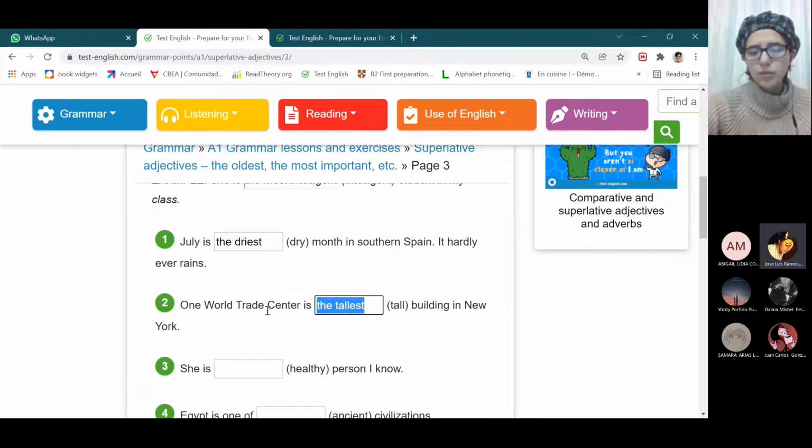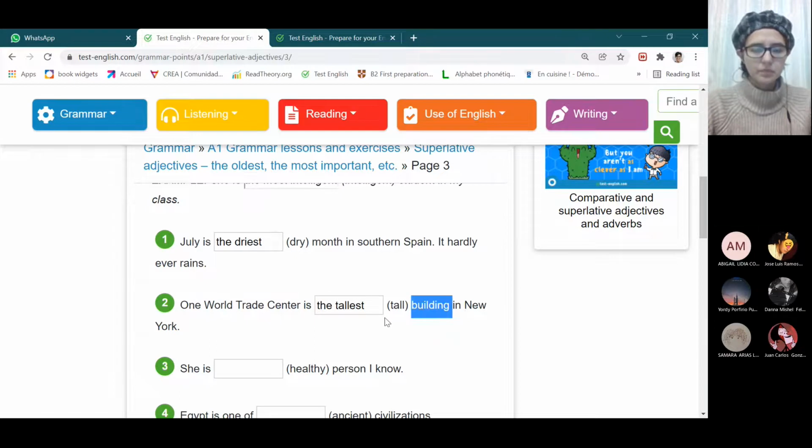One World Trade Center is the tallest building in New York. Building. Yes, perfect. Can you repeat building? Building.